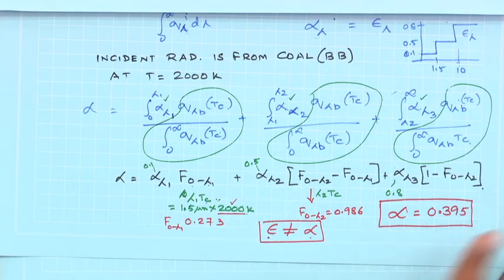So, this is a nice exercise which shows you how to evaluate the overall emissivity and the overall absorptivity with the help of black body radiation functions, and to appreciate that even though the spectral values may be the same, the overall values may not be equal, stressing the fact that it is not a gray body.